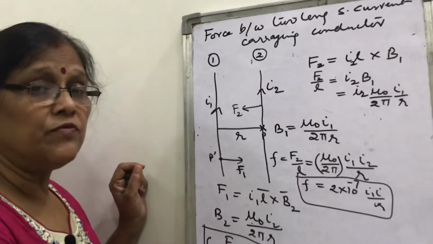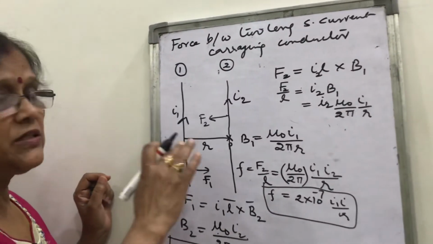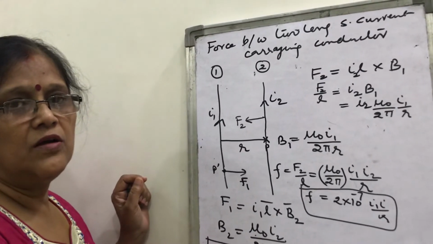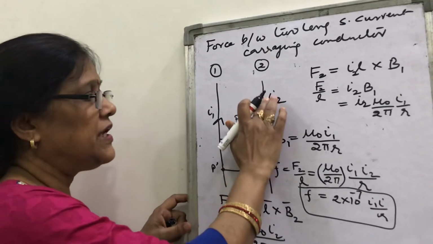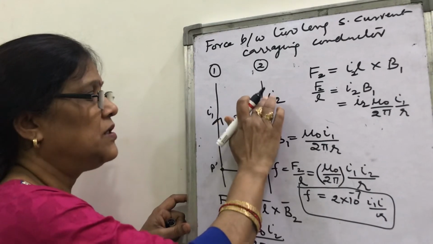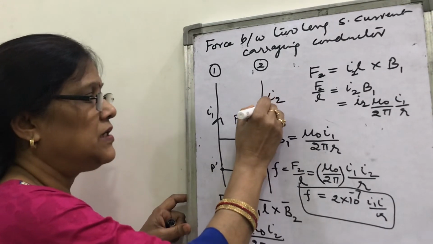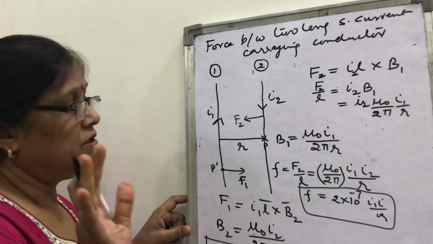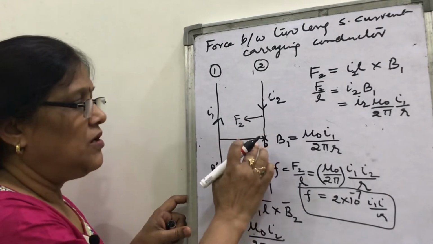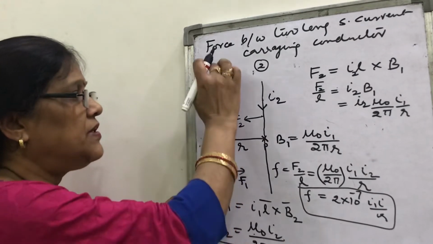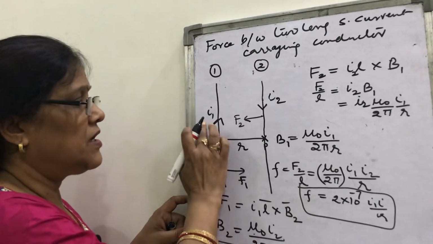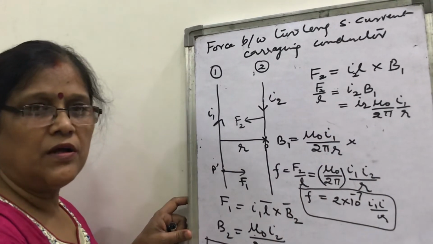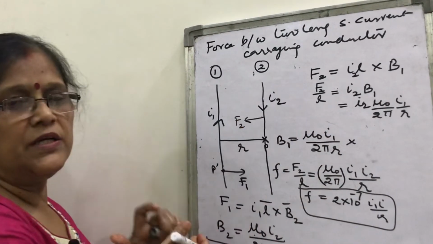Look, what will happen if direction of current is reversed? Suppose in the second case the direction of current is reversed. Due to the first wire, B1 will remain same and it will remain downward, and at this wire what will be the direction of force?